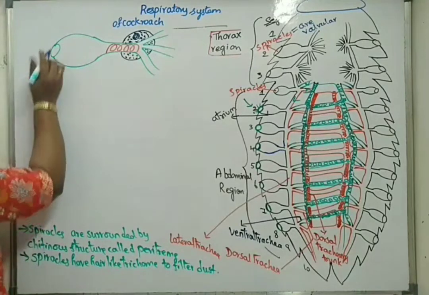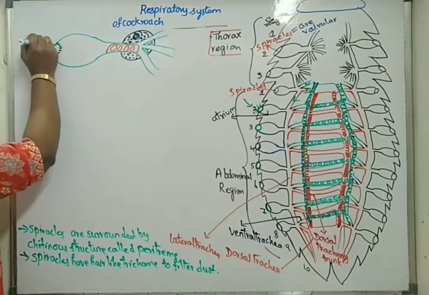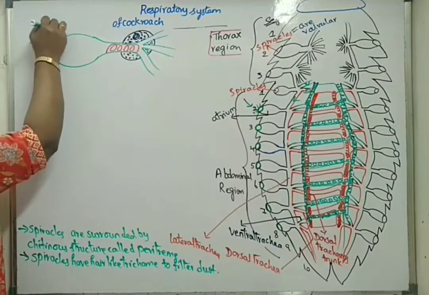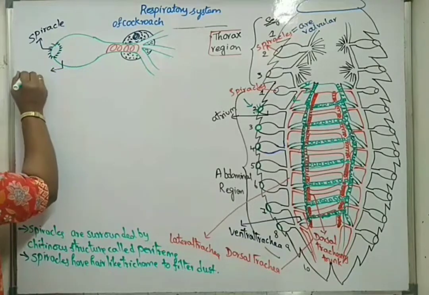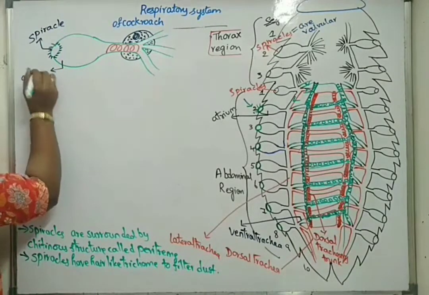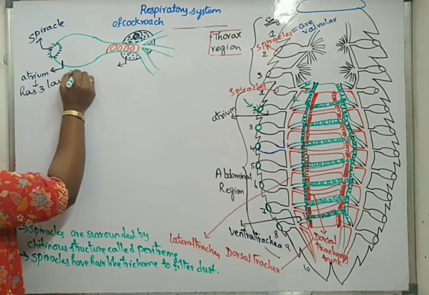This is the structure of, here we will write hair-like structures called spiracles. This sac-like structure is called as atrium. Has 3 layers. What are those 3 layers?